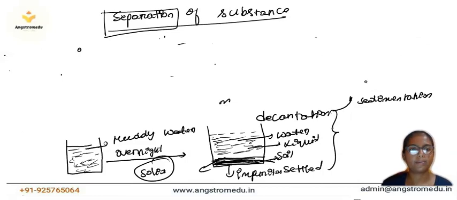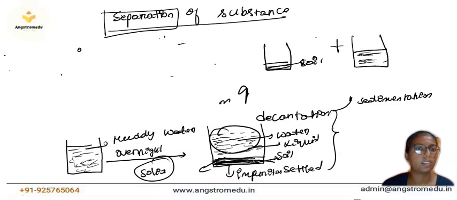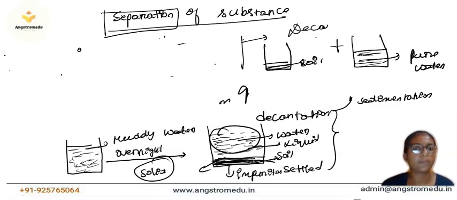So after the sedimentation process, the bottom soil will be there, and if we pour this pure water into another bucket, so this is the pure water. That is the separation of the liquid from the solid. After the sedimentation, this is known as decantation.